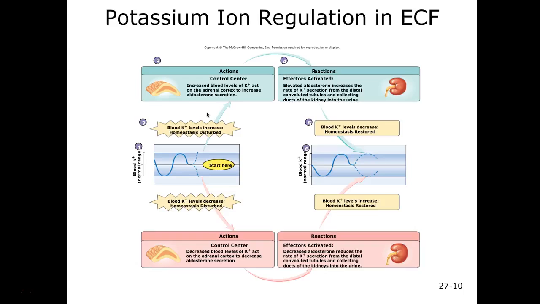And so when it does that, we're going to go over to our kidney in the distal convoluted tubules and collecting ducts to tell it to use its sodium-potassium pump to reabsorb sodium, but we are going to take that potassium and excrete it within our urine, and that will help bring those levels back down so we can reach homeostasis again.